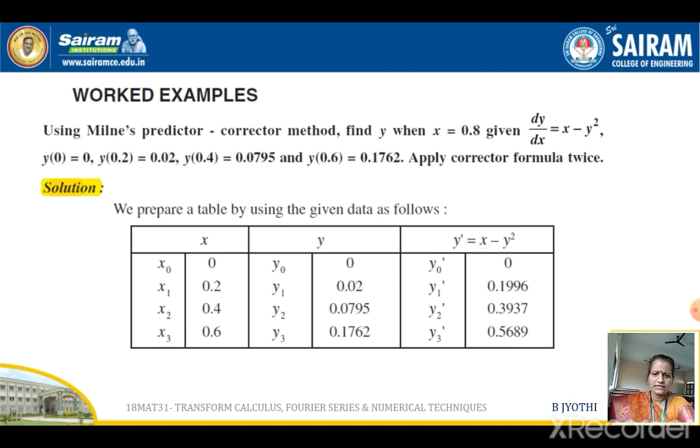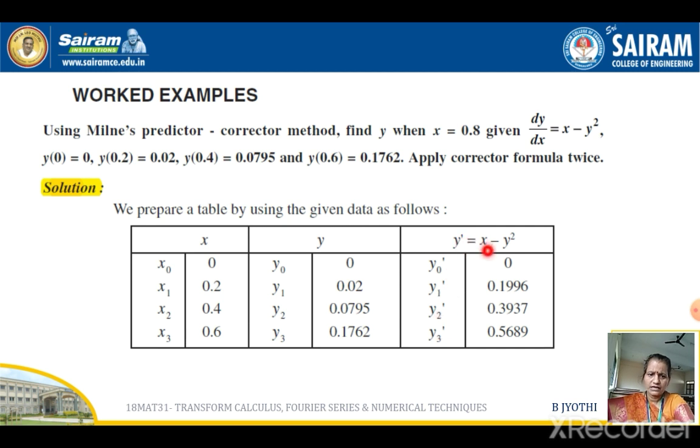In the place of x and y respectively, if we substitute x naught and y naught, we get 0 plus 1, that is 1. And x1 is nothing but x naught plus h, that is 0.1. So h is equal to 0.1.